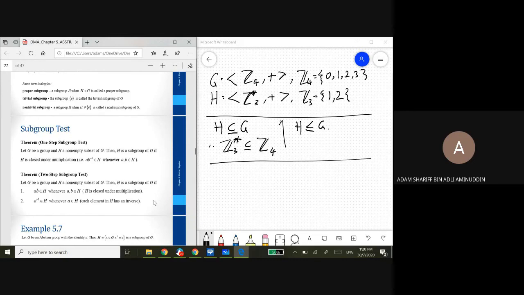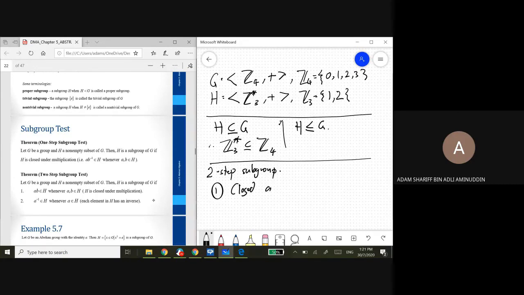So we start first by showing what two-step subgroup means. Okay, I redefine it. The keyword here is closed, but it's not the same closure.